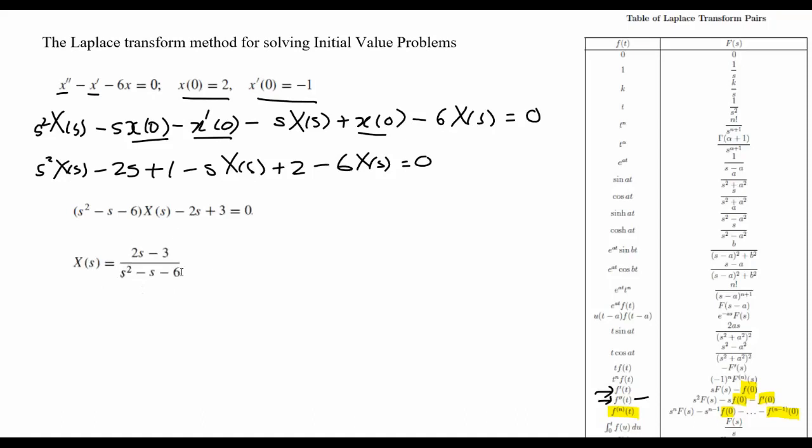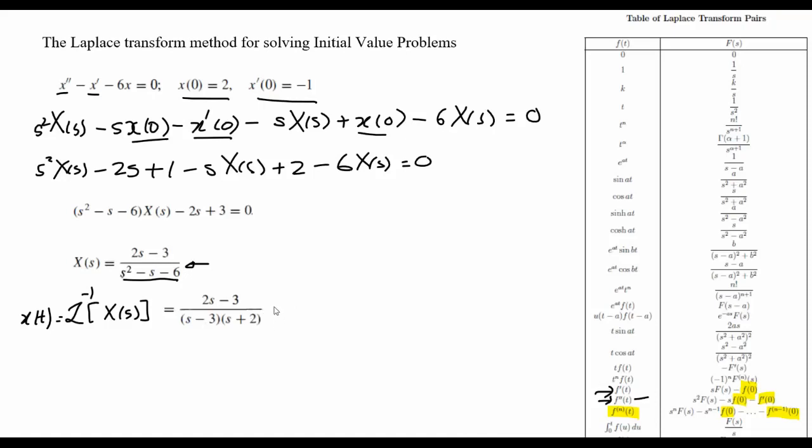Now that there are no derivatives left, it's time to go to the inverse Laplace transform. So x(t) is the Laplace inverse of this function X(s). We'll factor the denominator, an example you would have seen in an earlier video.